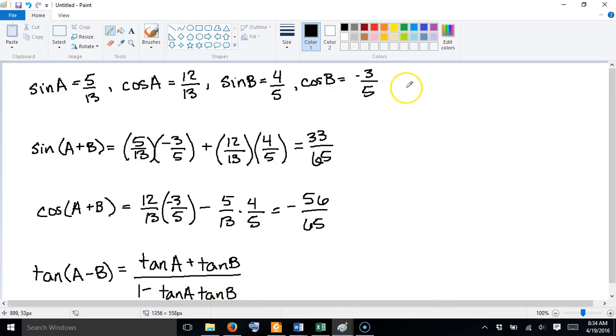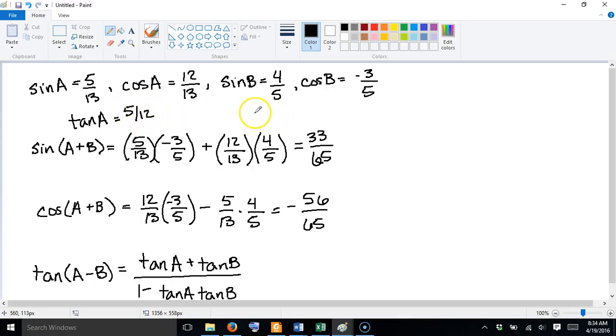From here, we need tangent A and tangent B, so this is the way we're going to find it. Tangent A comes from sine A over cosine A, so that is going to be 5/12.